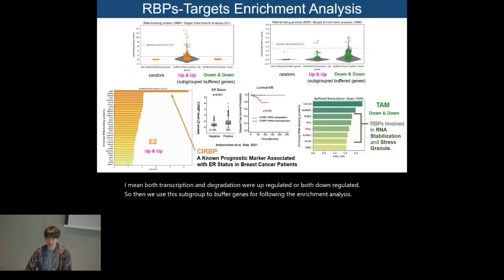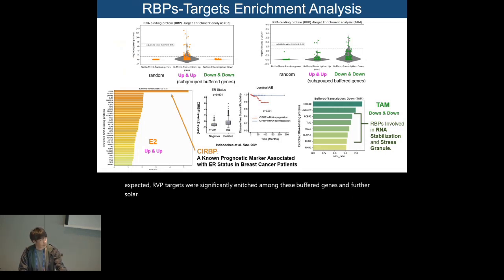We performed RBP targets enrichment analysis in the subgroups of buffered genes. As expected, RBP targets were significantly enriched among these buffered genes. For the estradiol condition, CIRBP, which is an RBP, had the highest odds ratio among all significant RBPs.